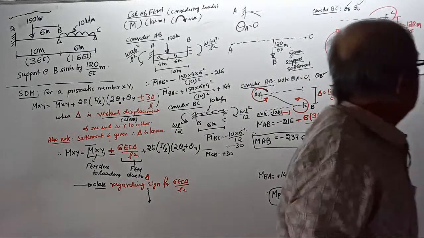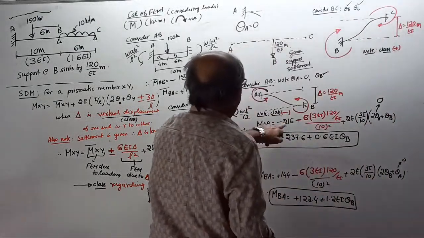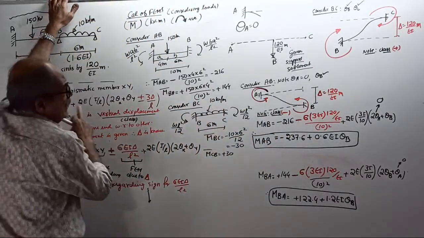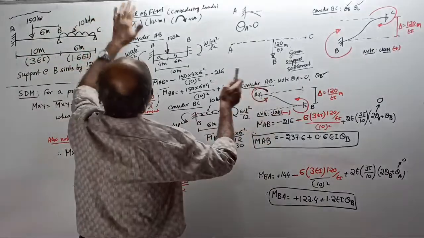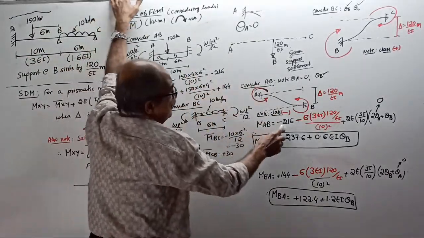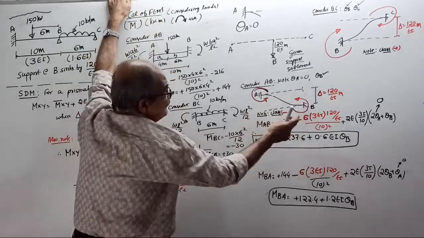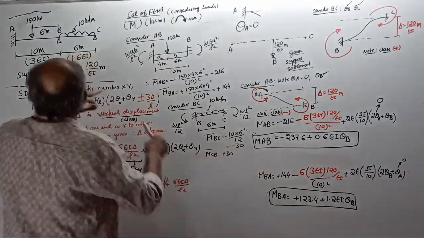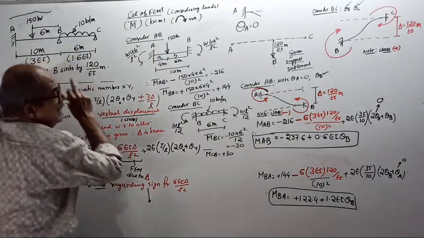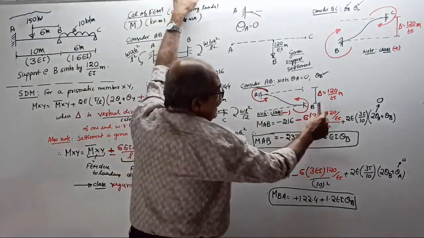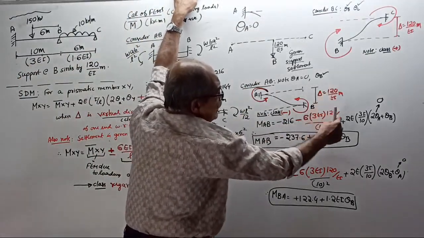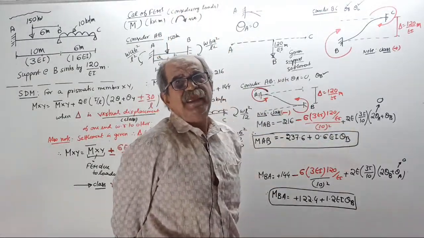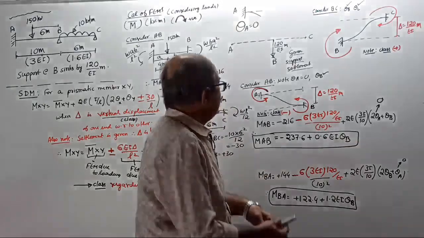Okay, clear? Start. Now, M_AB equal to, what is the formula? M_XY equals M bar XY plus the settlement term. So M bar AB is minus 216 minus 6 into, be careful, member has got 3EI, don't forget it, 6 into respective EI, 3EI into delta, which is 120 by EI by 10 square, plus the usual 2EI by L into 2 theta A plus theta B. Theta A is 0.